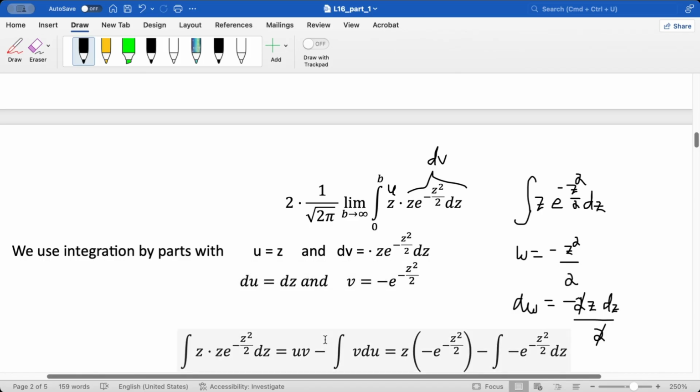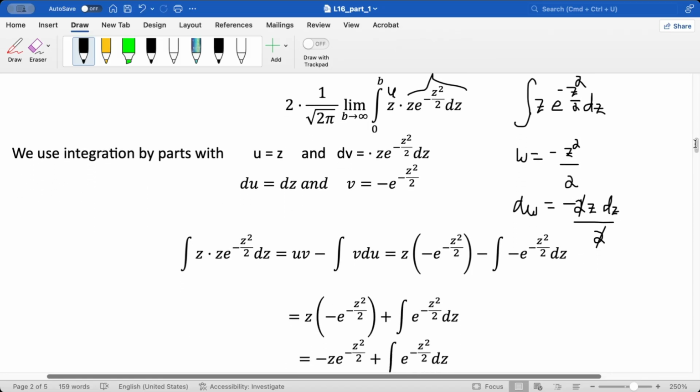So doing the uv minus integral v du, u is z, v is negative e to the negative z squared over 2, minus integral of v du is the negative e to the negative z squared over 2 times just 1 dz.